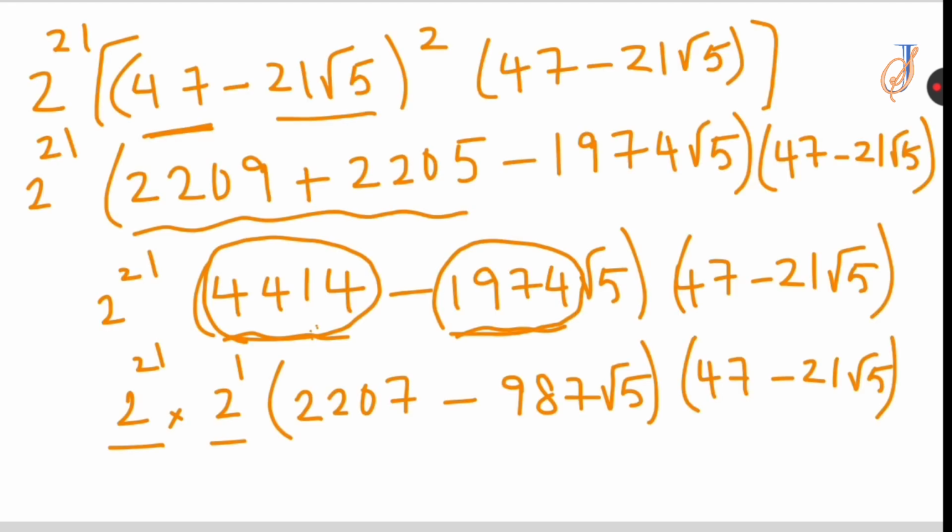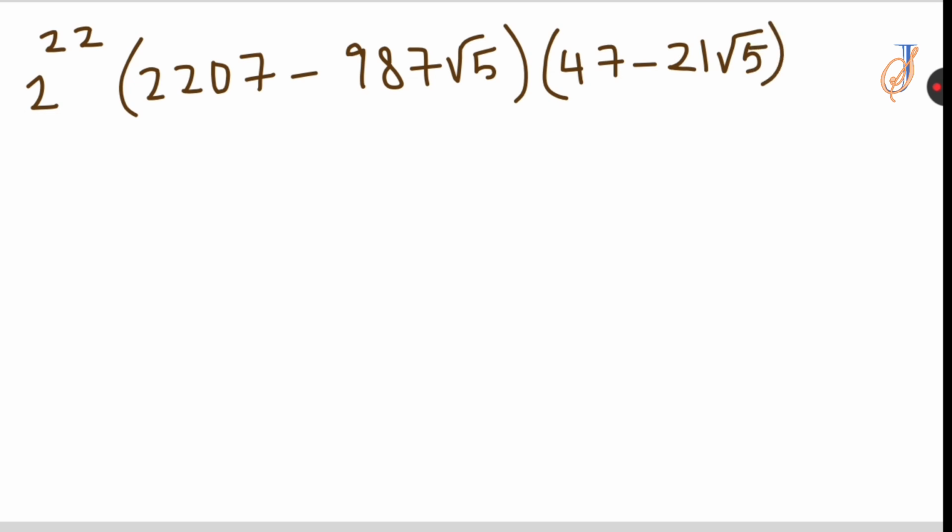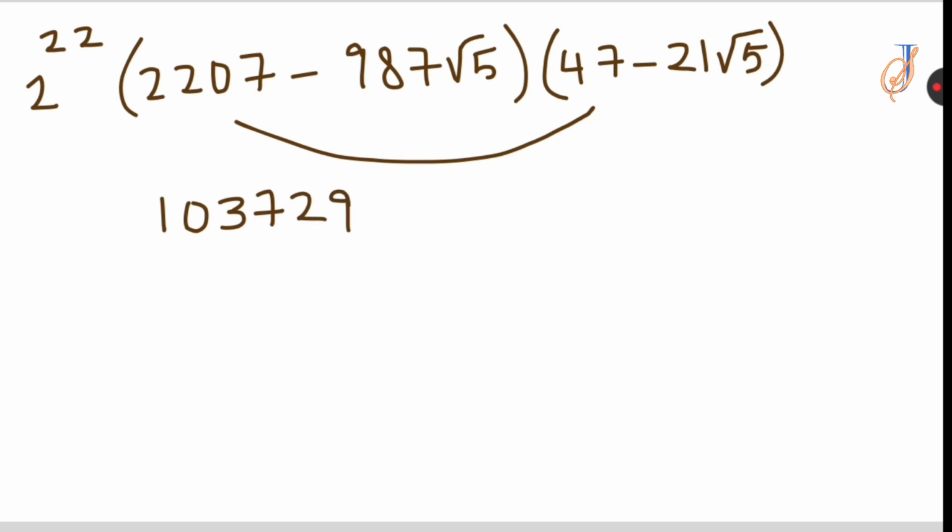So what we have, after expanding this then you will get 103,729, then 2207 times minus 21 times root 5 which gives minus 46,347 root 5.